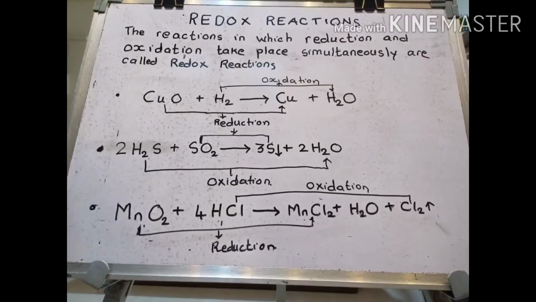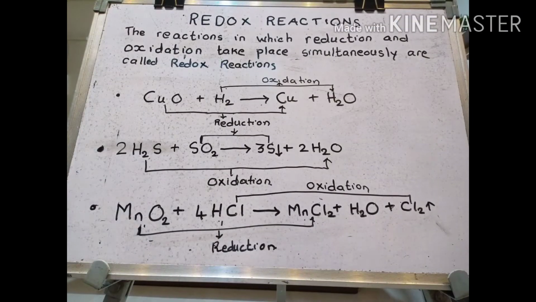So we'll have a look at a few examples of redox reactions, right? So here students will look at redox reaction. The reactions in which reduction and oxidation take place simultaneously, meaning at the same time, are called redox reactions.